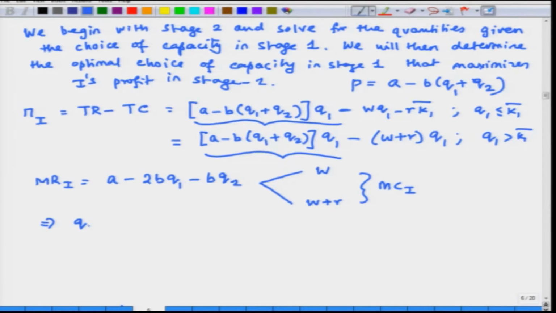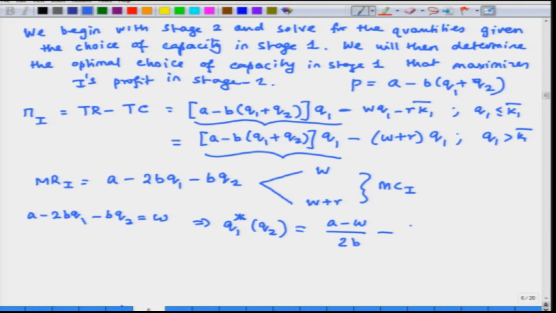So, this will give us a Q1 star. Essentially A minus 2 B Q1 minus B Q2 equals W is going to give me Q1 star as a function of Q2, which is equal to A minus W divided by 2B minus Q2 divided by 2. This is for Q1 less than or equal to K1 bar.